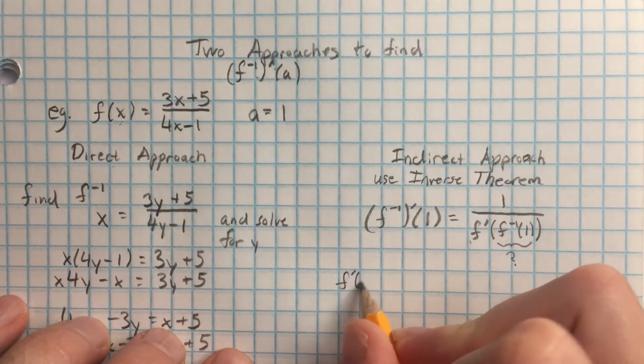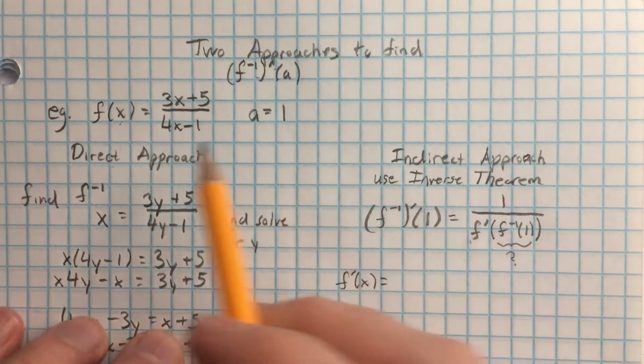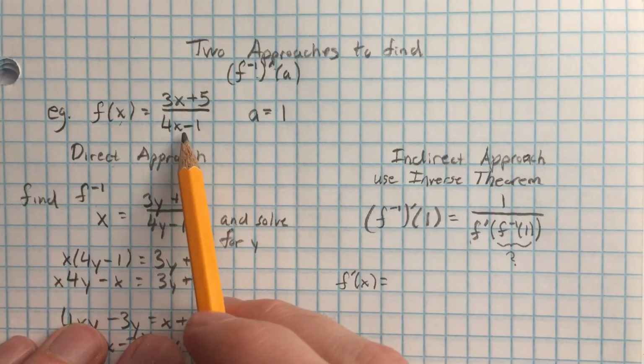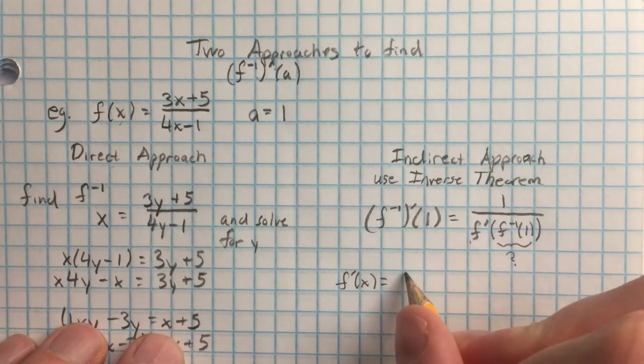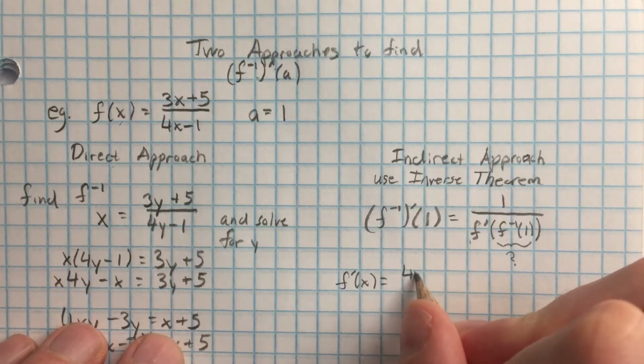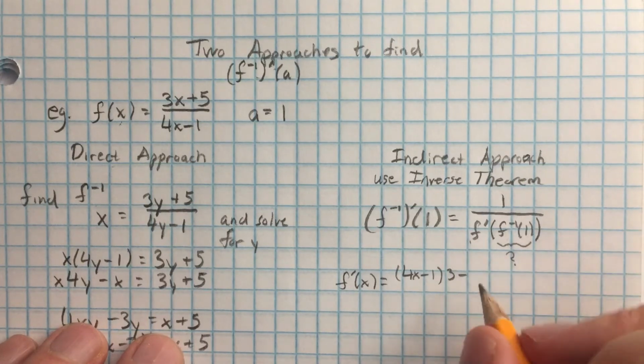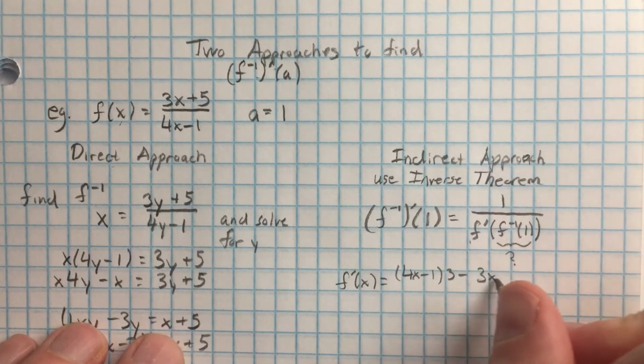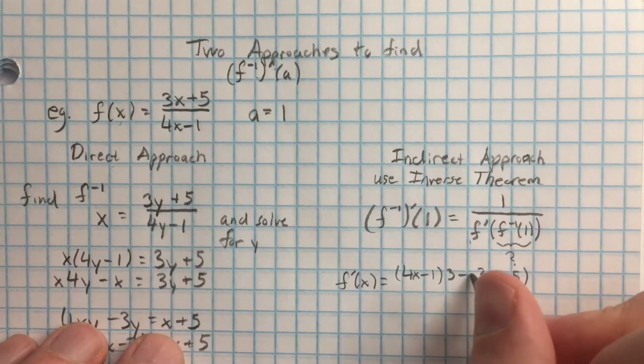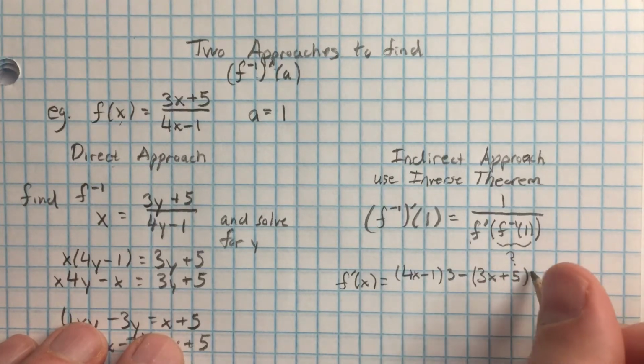F prime of x is the derivative of this, which is a quotient rule again. So we'll have the bottom times the derivative of the top, which is just 3, minus top, 3x plus 5, times the derivative of the bottom. The derivative of the bottom is just 4.